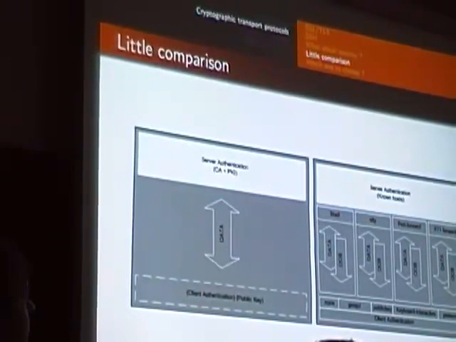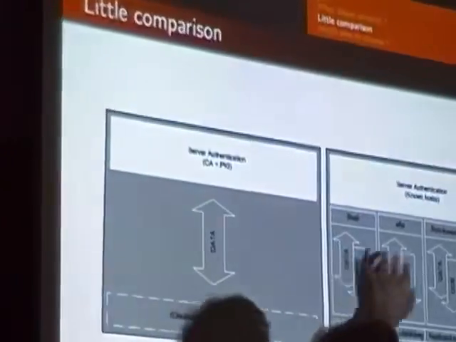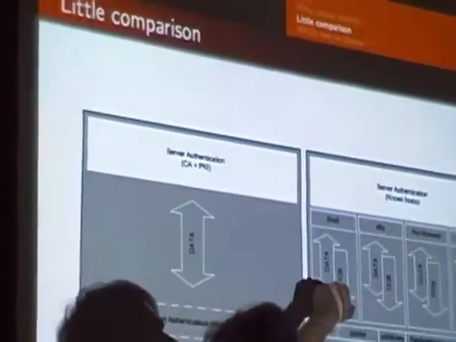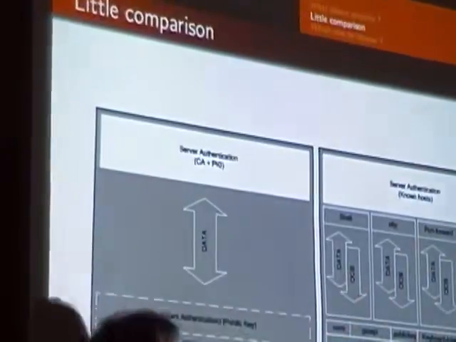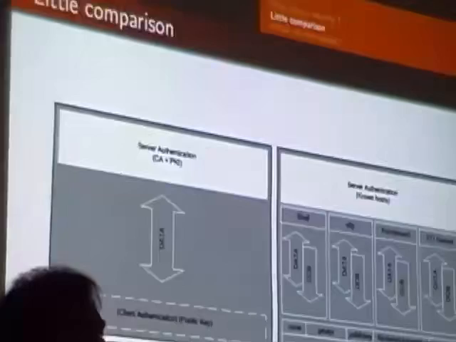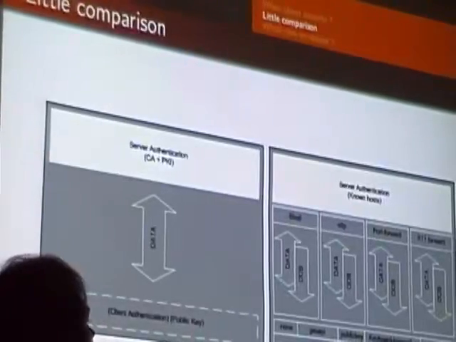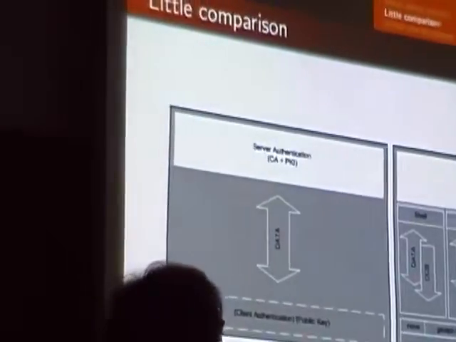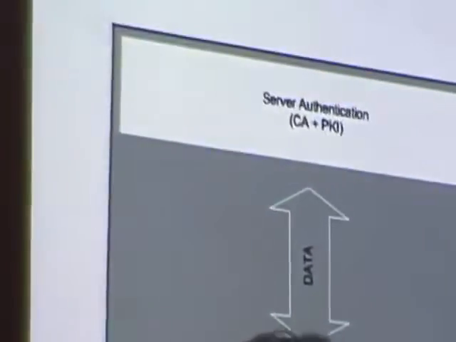In SSH, you have several channels that can be used to communicate with the server, and each channel is dedicated to a service. So for shell, for forwarding, and all of the channels are protected using an authentication layer, particularly used to authenticate users.